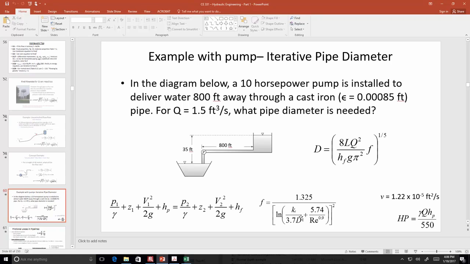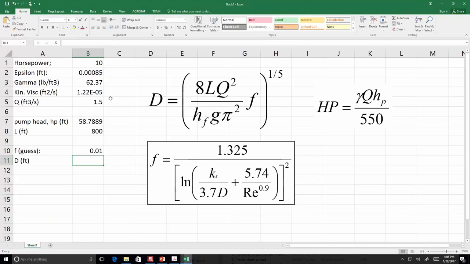The delta Z is 35 feet. The H sub P we calculated is what, 58.79 feet? Is that what it said over here? Yeah, okay. So then the H sub F that comes from that is going to be 23.79 feet.